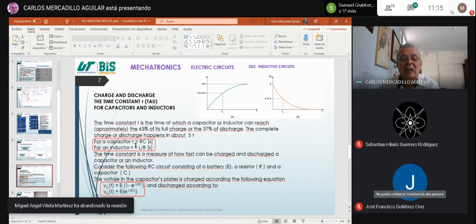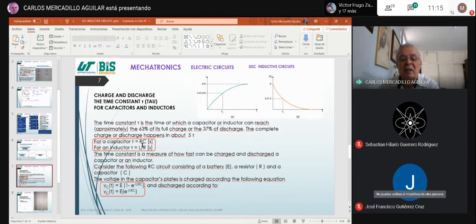For a capacitor, the time constant is the multiplication of R times C, the resistance times the capacitance. For an inductor, the time constant is L, the inductance, divided by R, the resistance. In those cases, it's a quantity of time. The time constant is a measure of how fast a capacitor or an inductor can be charged and discharged.